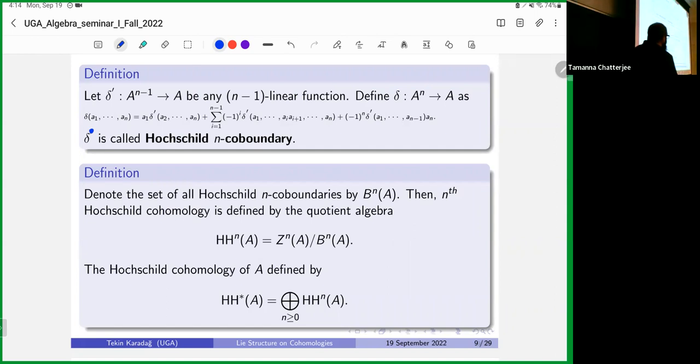Now we take the quotient. This is how we define Hochschild cohomology: we take the Hochschild n-cycles over the Hochschild n-boundaries, and it's going to be the Hochschild cohomology n. And we define general Hochschild cohomology by taking the direct sum.